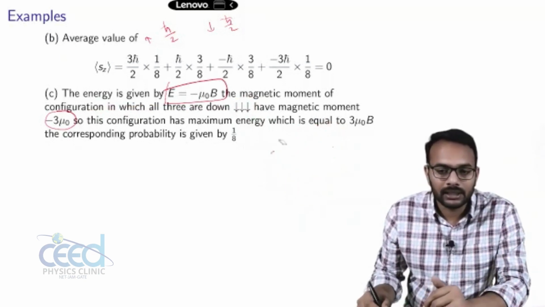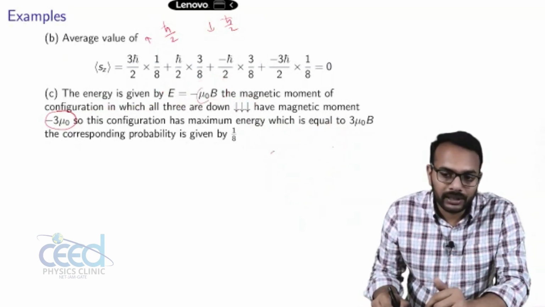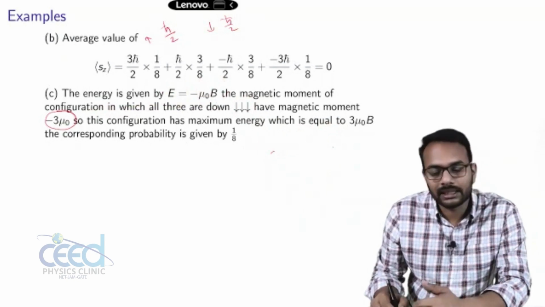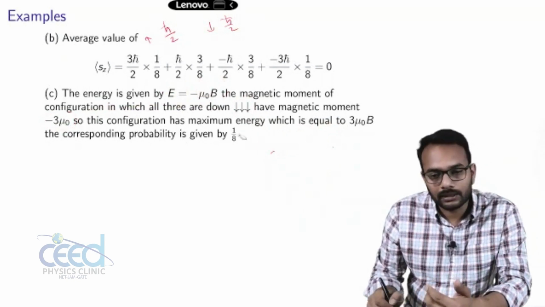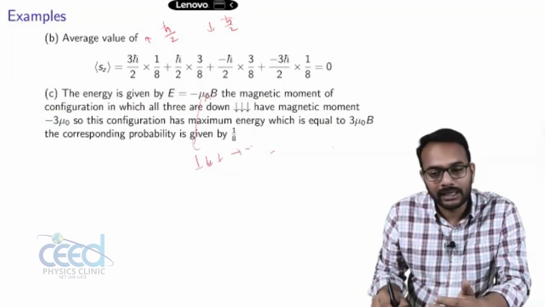Maximum energy occurs when mu takes its minimum value. Mu is minimum when all the spins are downwards, because then it is minus 3 mu0.